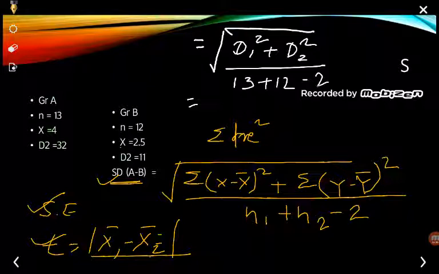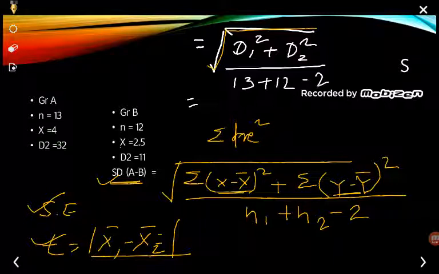That is, the summation of x minus x bar, the whole square. This is the deviation of x, and this is the deviation of y after squaring. So we get the square root of d1 square plus d2 square.